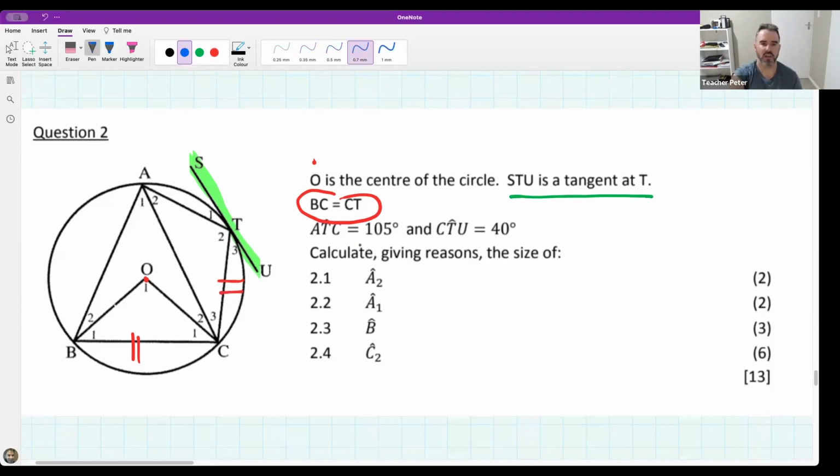And we're also given that ATC is 105. So ATC, this one is 105. And CTU, where's CTU? CTU, this one is 40. Can you find for me the size of angle A2, which is sitting up here?